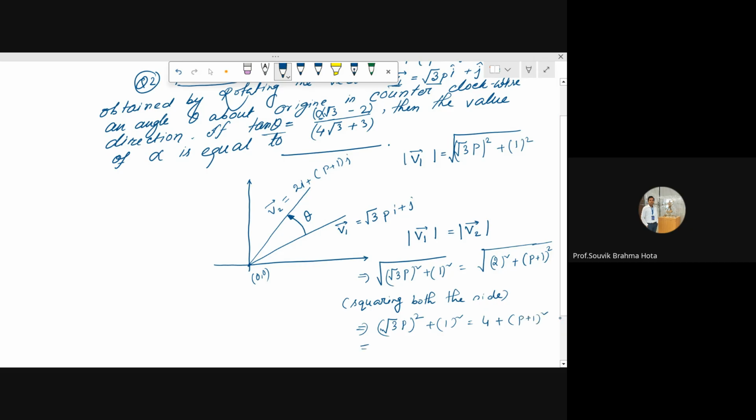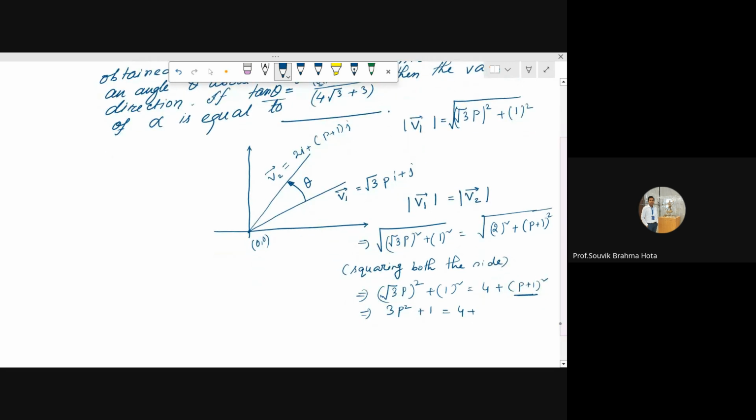Now if you square it properly, it will be 3p square plus 1 is equal to 4 plus, if you expand this one, p plus 1, that is (a plus b) whole square, so p square plus 2p plus 1.